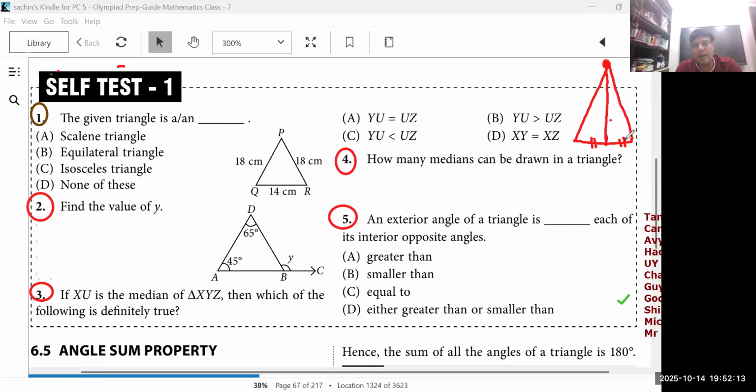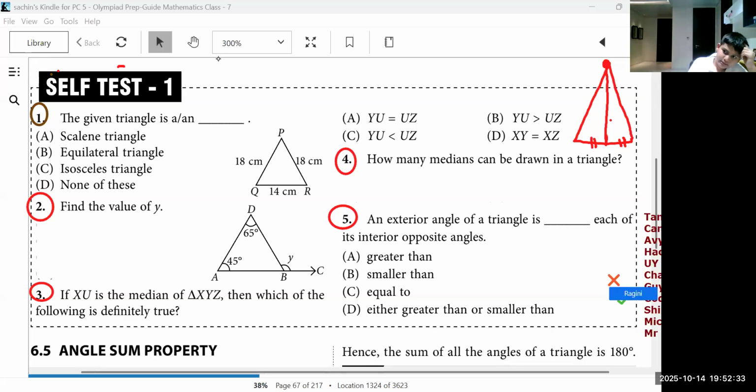So guys, all 5 answers should be sent in one message only. The median can be drawn from only a vertex. Yes.